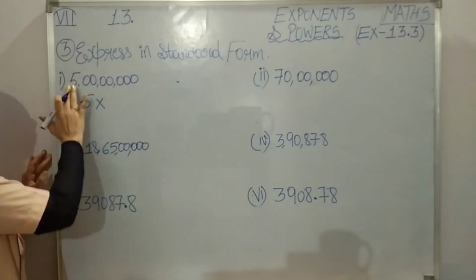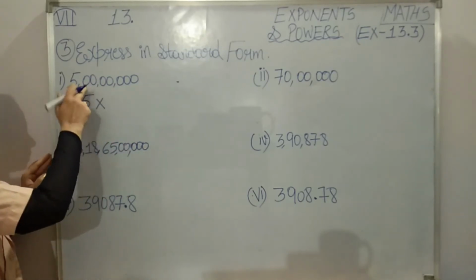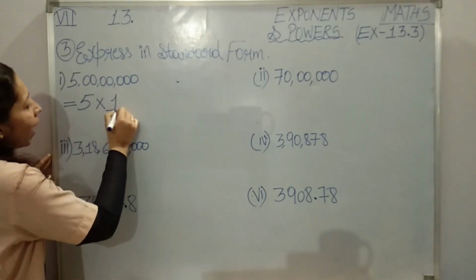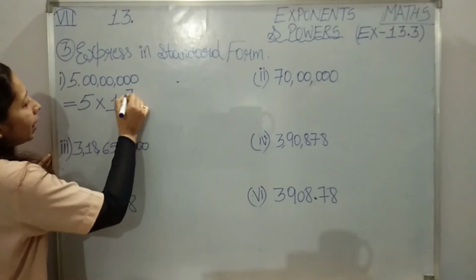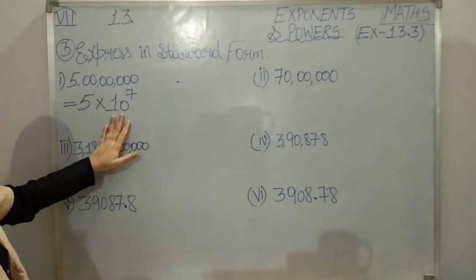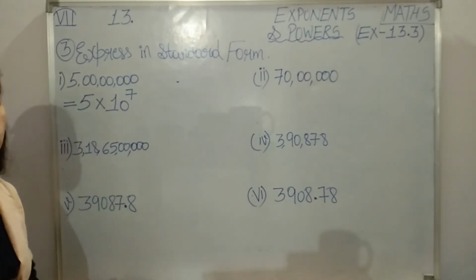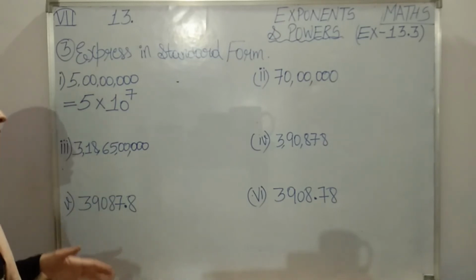Again I am explaining. 5 I have written here. How many zeros are there? 1, 2, 3, 4, 5, 6, 7. So students, 5 multiplied by 10 raised to the power 7 is its answer. When you multiply 10 seven times and then multiply it with 5, you are going to get 5 crores only. How easy is it, isn't it?